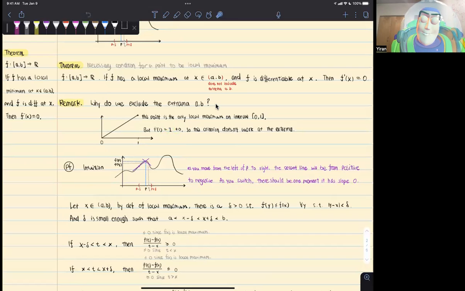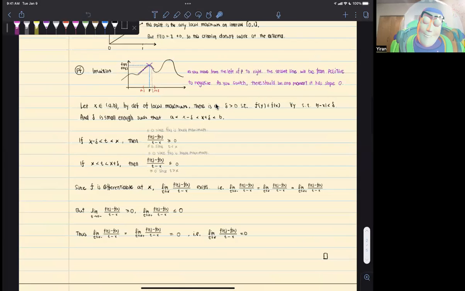But f has a local maximum there, and f is differentiable at the point x equal to 1, but f' is equal to 1 instead of 0. That means the theorem fails. Therefore, the condition of the open interval (a, b) is very important.